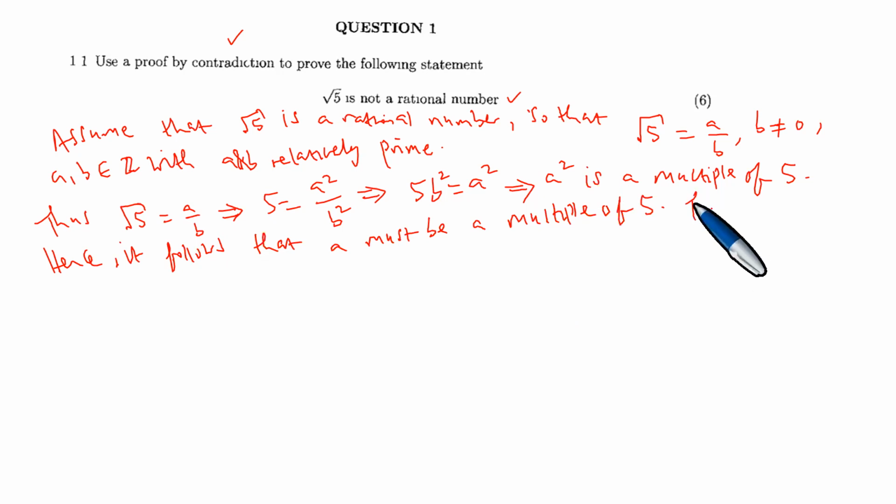That is, a is equal to some 5k, k an integer.